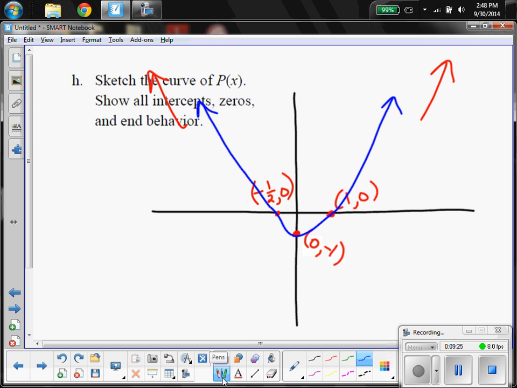Now, in this class, as far as pre-calculus goes, that's pretty much all we can find out. We really can't find out if there are any more bumps and lumps and valleys and hills. That would be a calculus concept. But in pre-calculus, this is really all I want to know. Do you know the shape?